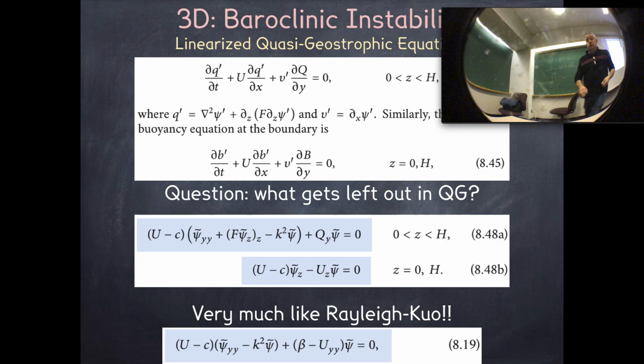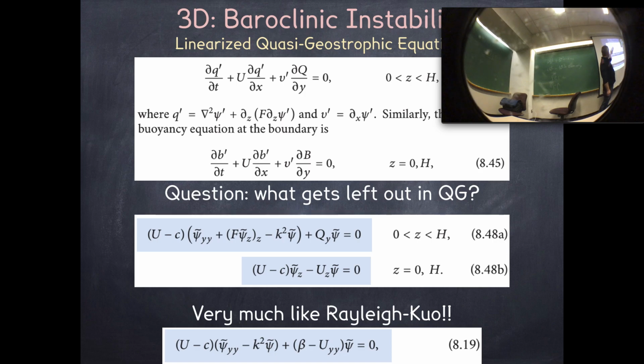If you take this and then try to write it in the same form as the Rayleigh equation, you find this condition comes straight out of this together with this, plus these at the surface and bottom. So essentially the difference between this and this is just that he's written the buoyancy as d psi dz.